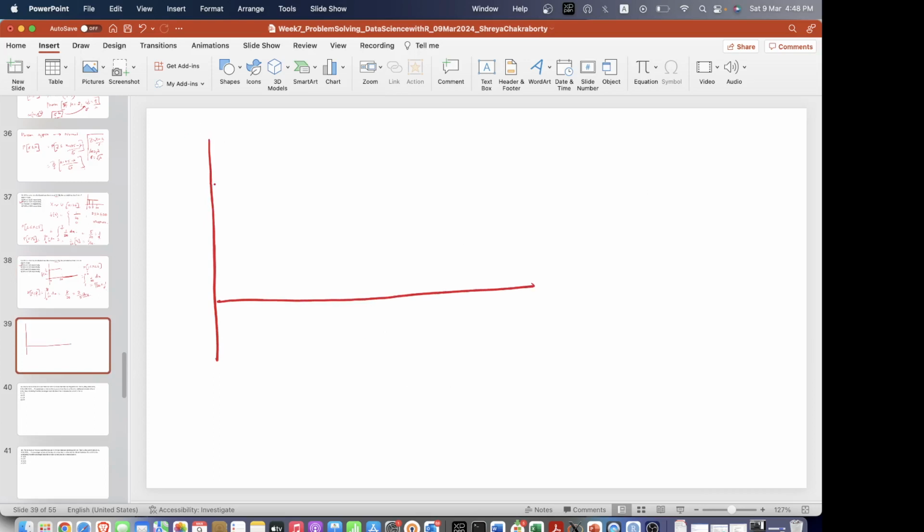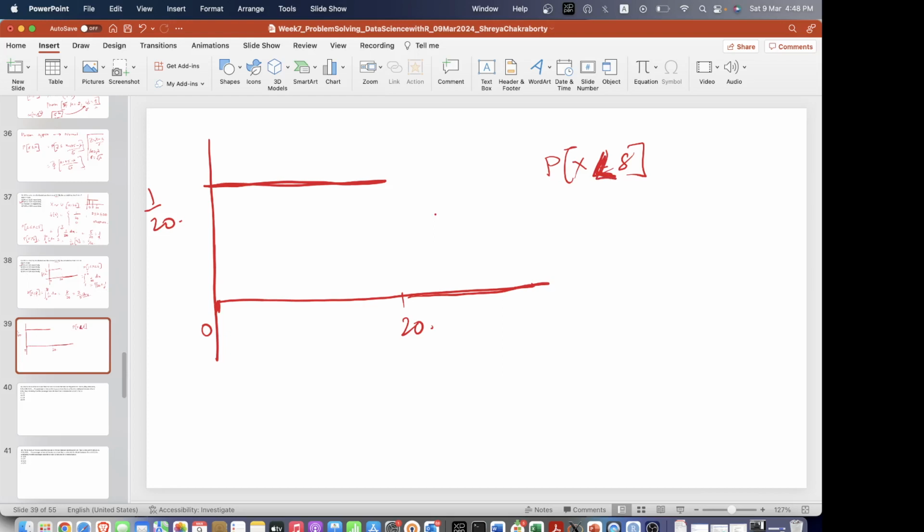This is your fx curve. It is taking the value 1 by 20 from 0 to 20, and then it is taking 0. So now you have to find out probability x less than or equal to 8.